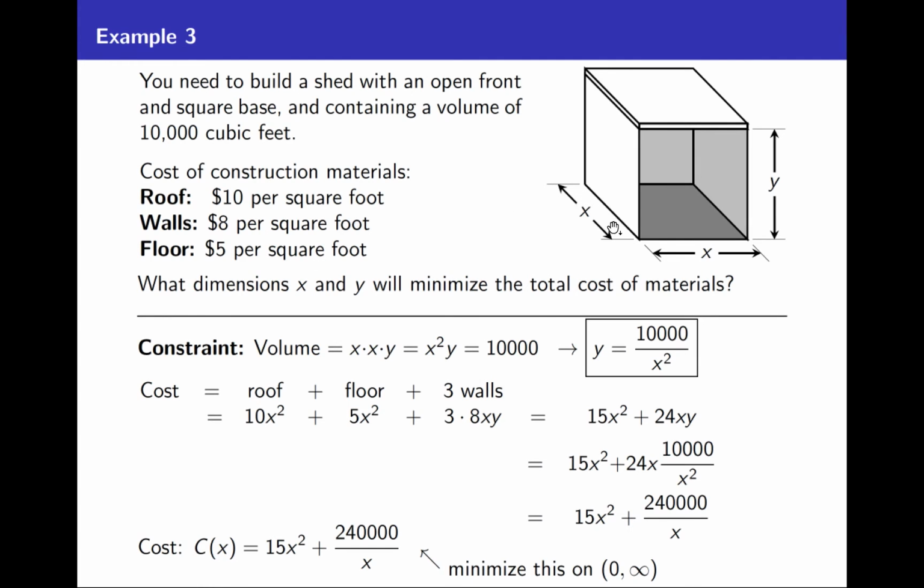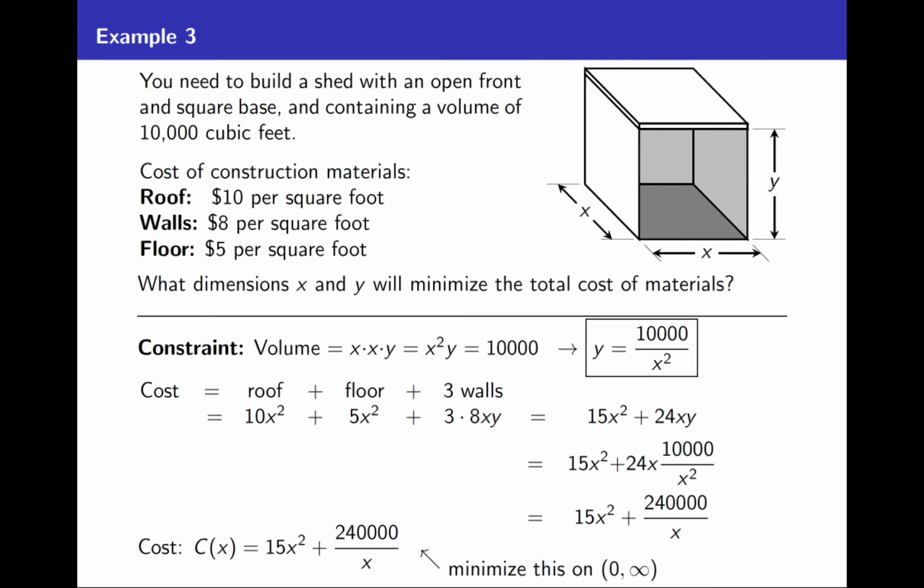You can kind of see that if x is really, really small, then y has to be really, really big to make up 10,000 cubic feet. And if x is really, really big, then y has to be really, really small. So that's the way it's working here. But x could be as big as it wants to be. So we want to minimize this cost function on the interval from 0 to infinity.